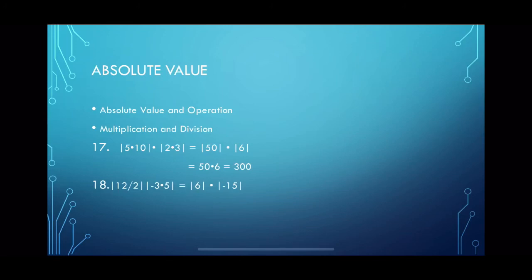So therefore, we have absolute value of 6 multiplied by absolute value of negative 15. For the absolute value of 6, we have 6. And for the absolute value of negative 15, we have 15. So therefore, 6 multiplied by 15 is equal to 90.